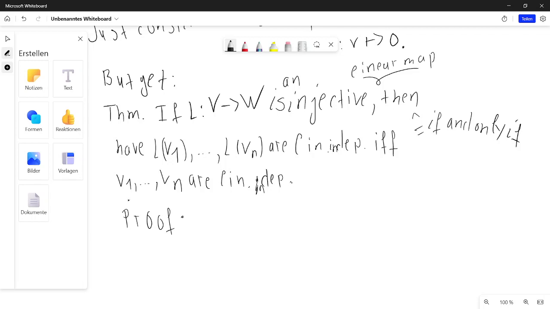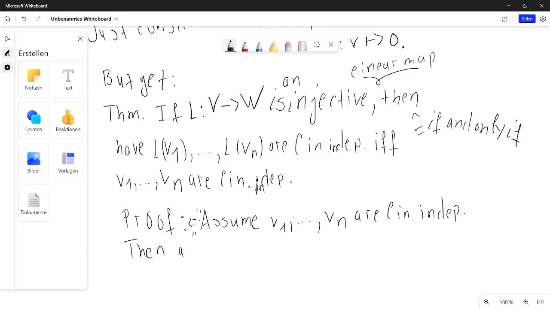We assume L is injective, and we assume v1 to vn are linearly independent. I mean, that's the opposite direction, right? We are proving that.